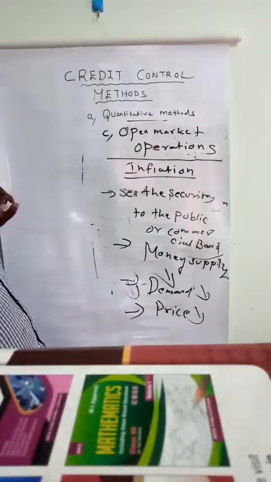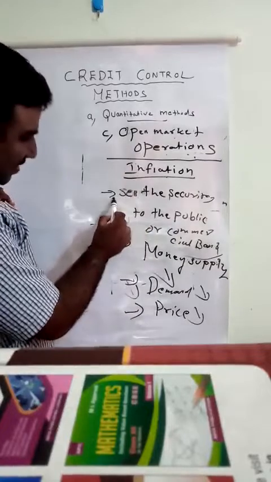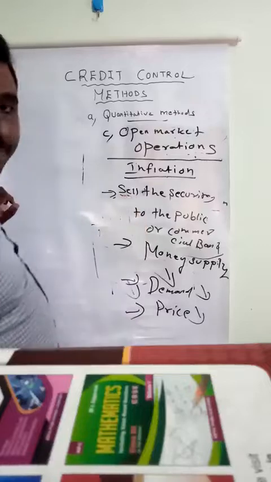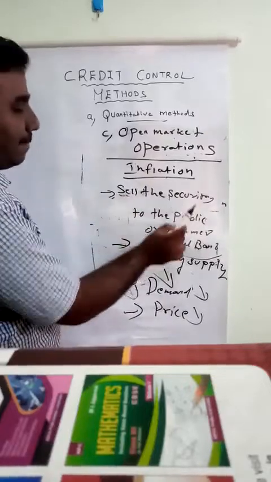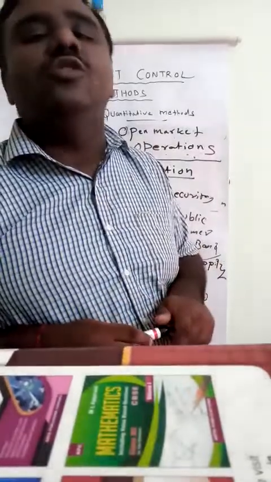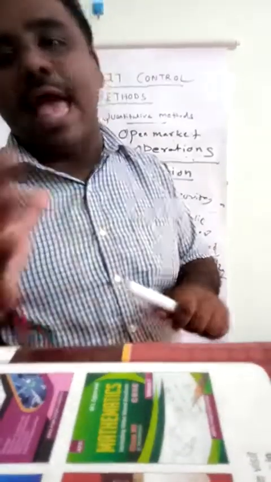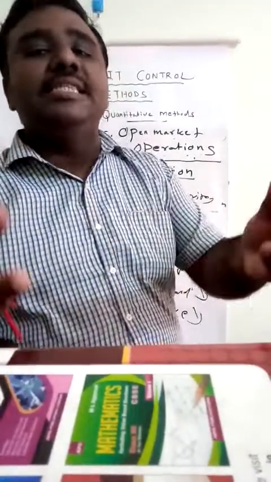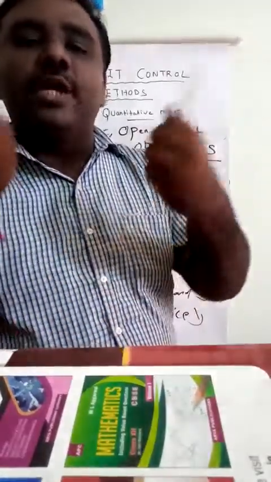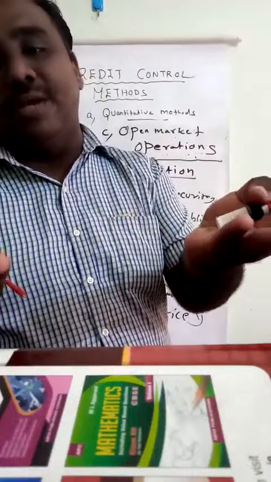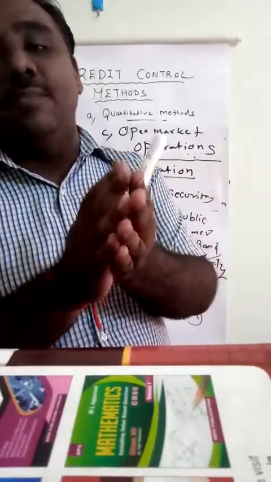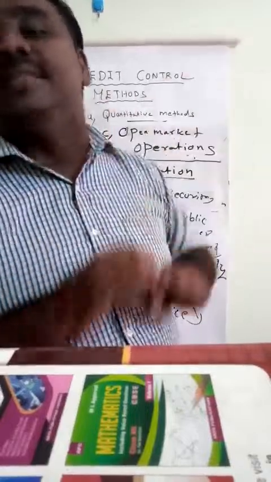So at the time of inflation, the central bank will sell the securities to the public or to the commercial bank. When they sell securities, the money supply in the economy will go down, because the commercial bank in turn has to give money back to the central bank.